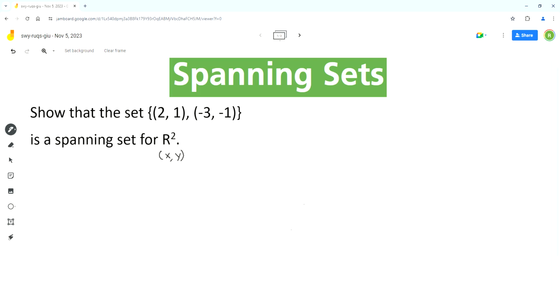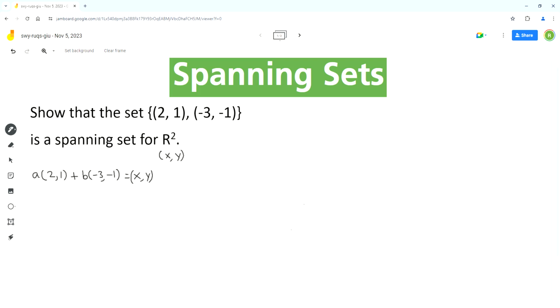So we can write the linear combination equation as a times the first vector plus b times the second vector equals (x, y). So a and b are the constants or numbers, and we have to solve for a and b in terms of x and y. So the first step is to do scalar multiplication.